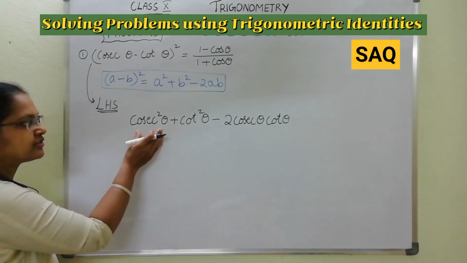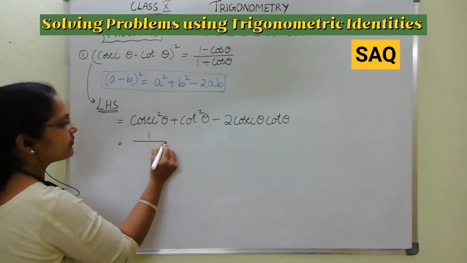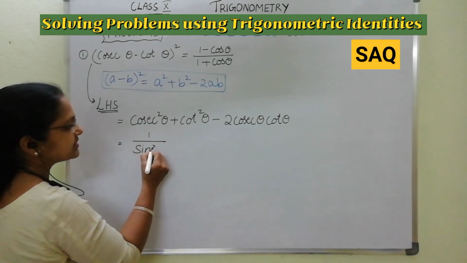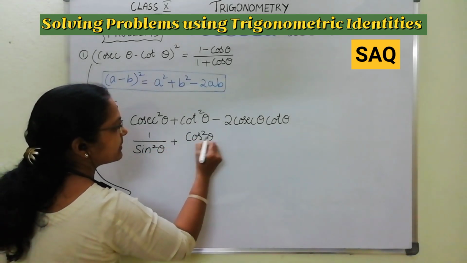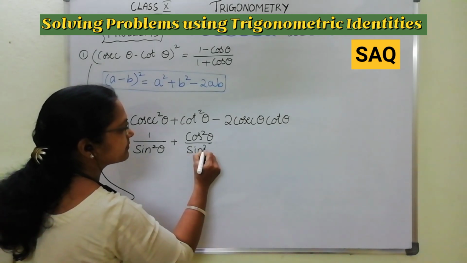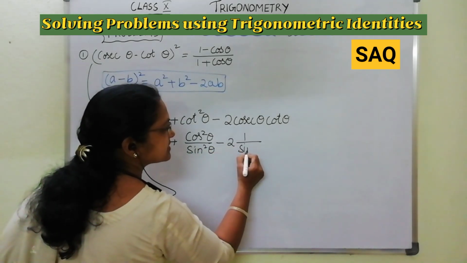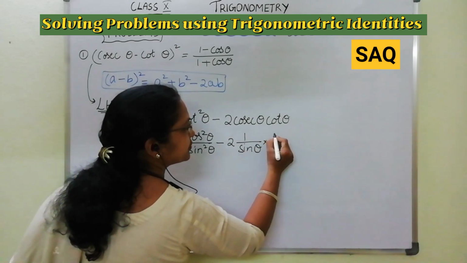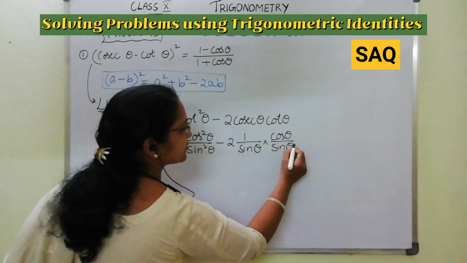Now try to change it in the form of 1 by sine. So we will take it as 1 by sine square theta plus cos square theta by sine square theta minus 2 into 1 by sine theta into cos theta by sine theta.